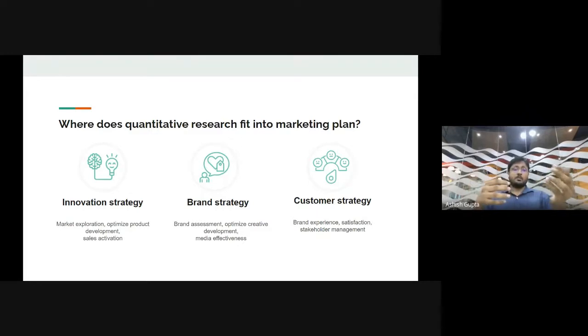And obviously that equity would be supported by a lot of campaigns or promotions, etc. So you would want to really understand whether those campaigns have had an impact on that brand or not. So research can actually straddle across all of these. It's more of a continuous learning process for us as researchers as well as marketers, wherein you keep going through the cycle of understanding consumers for different products across different stages.